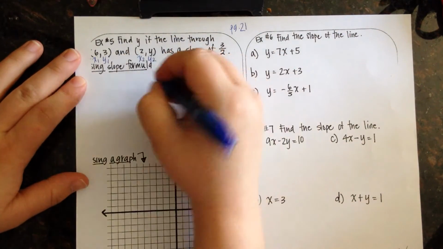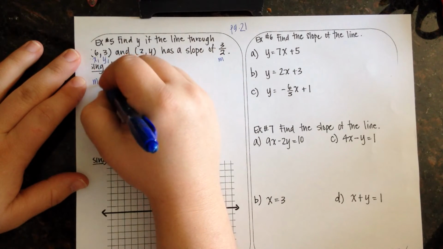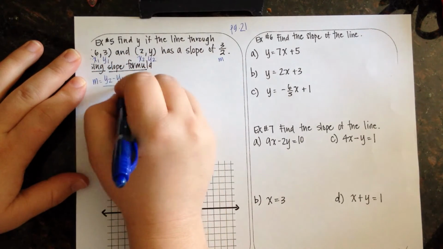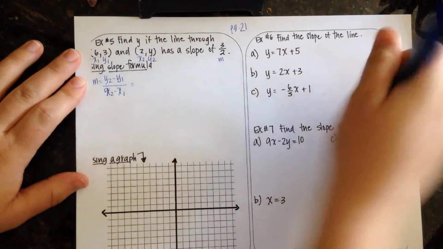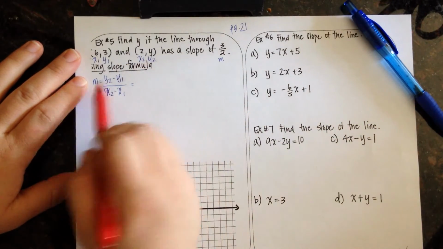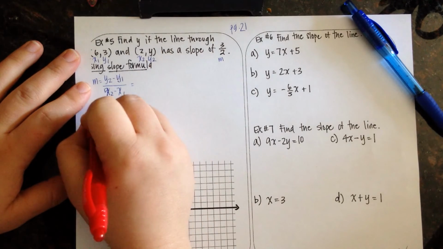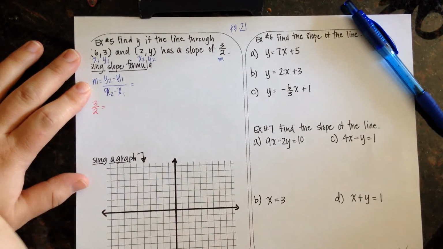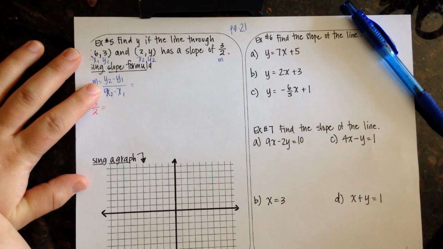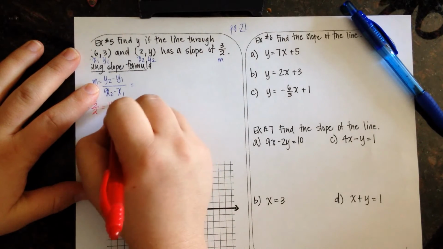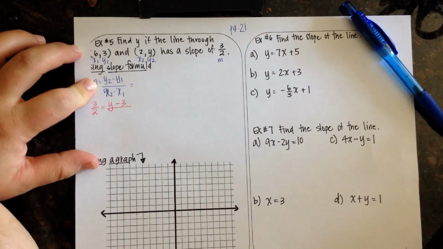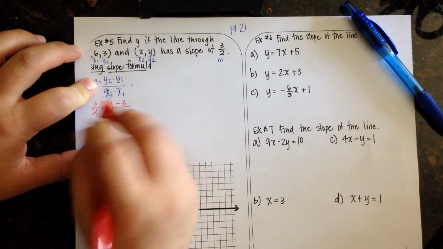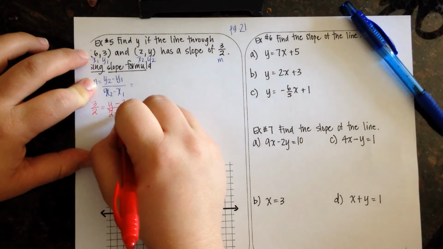I'm going to use my slope formula. M equals y2 minus y1, x2 minus x1, and then plug in those values. So m is 3 over 2 equals y2, which is y, minus y1, which is 3, x2, which is 2, minus x1, which is 6.